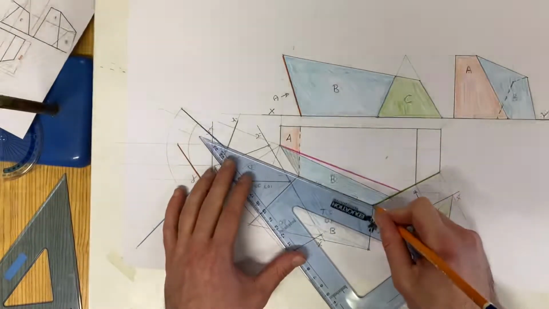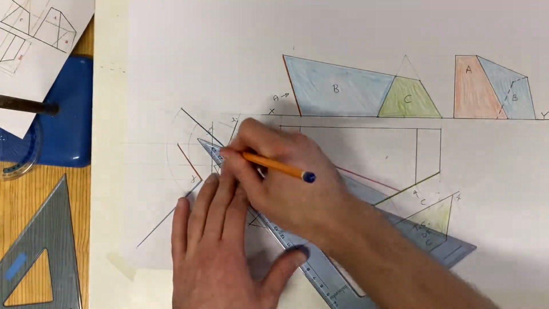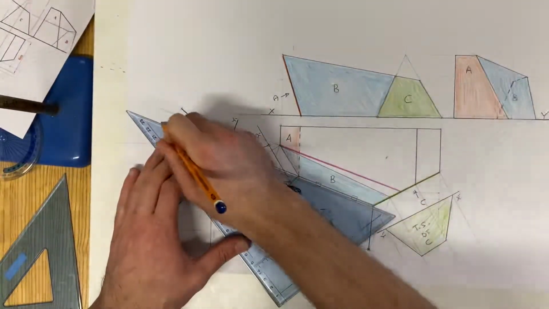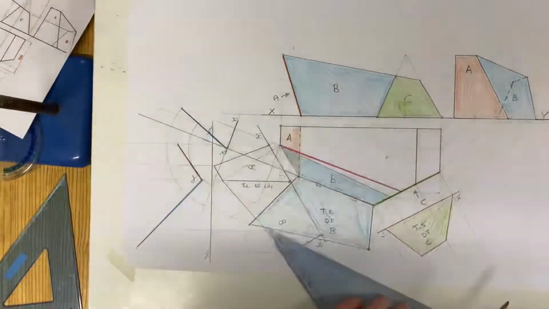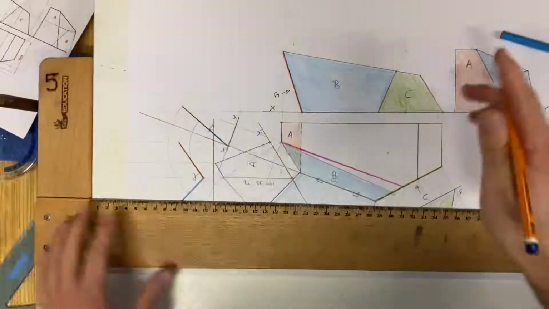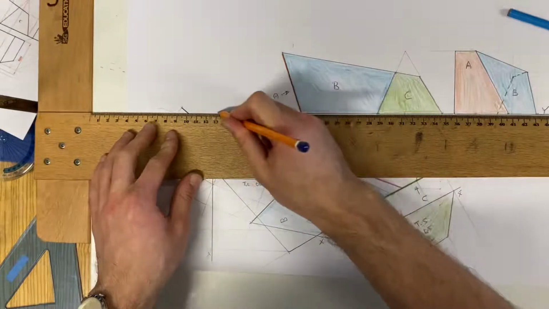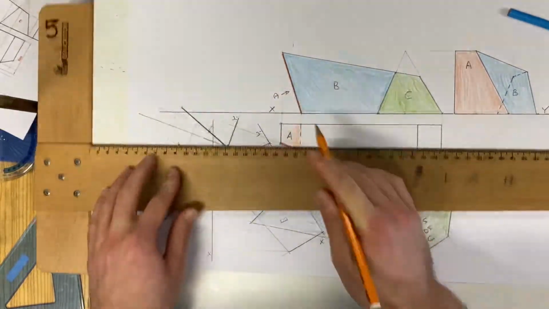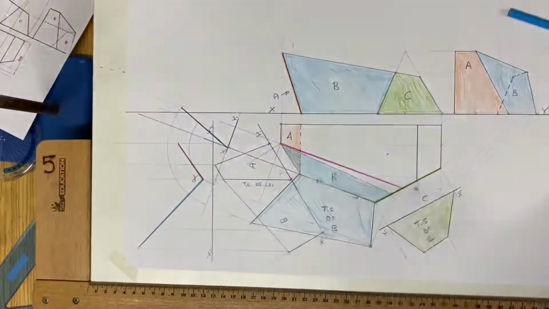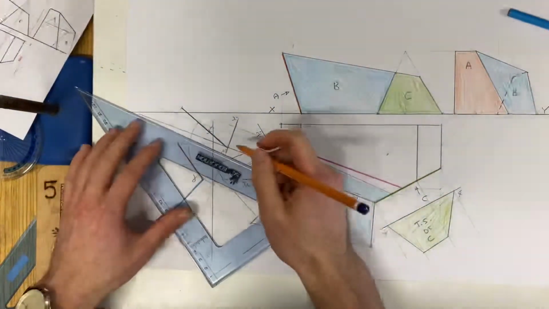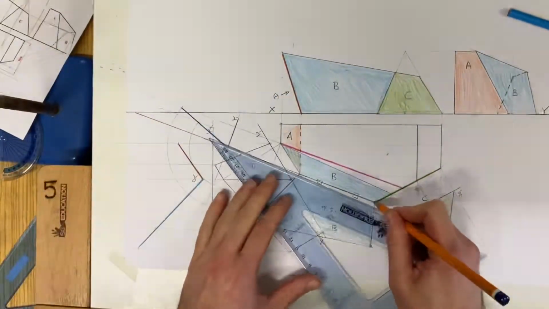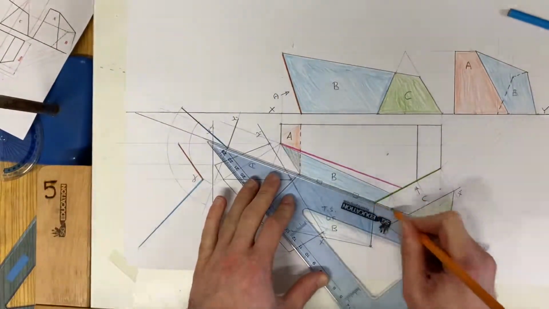So very simply, all we have to do is extend this line out to hit our XY line above. So extend that out there, and it just goes a bit further than that. So there we have our horizontal trace. I'll just extend it a bit further out this way as well.